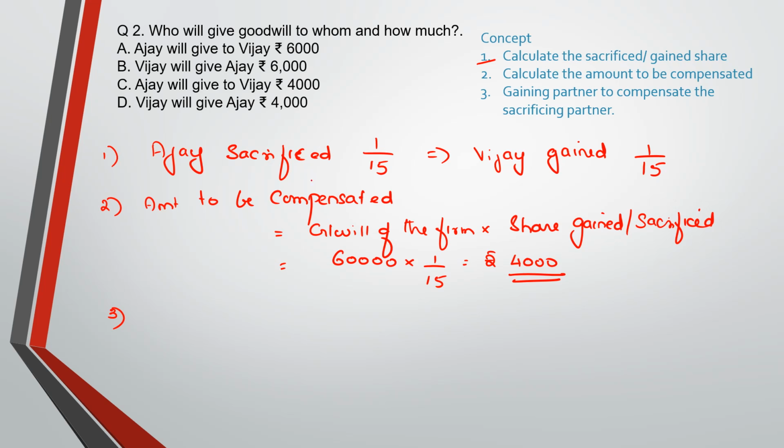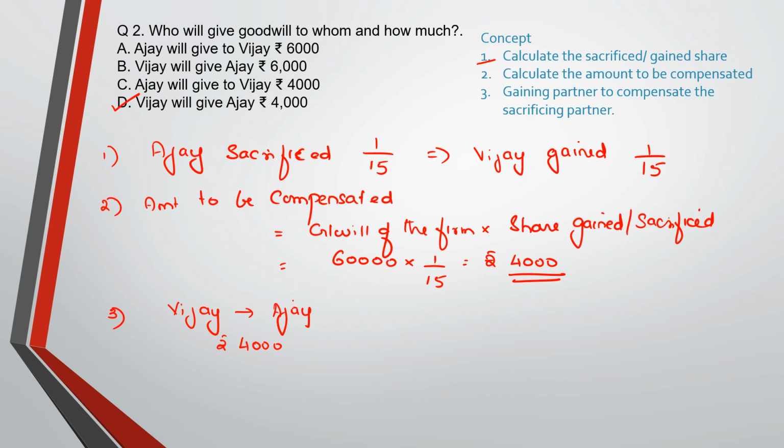Therefore, as we have seen, Ajay is a sacrificing partner and Vijay is a gaining partner. So Vijay has to give Ajay how much? Rupees 4,000. So Vijay has to give Ajay 4,000. So D is the correct option.